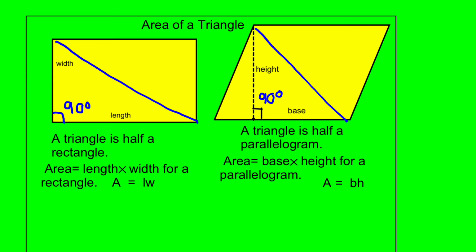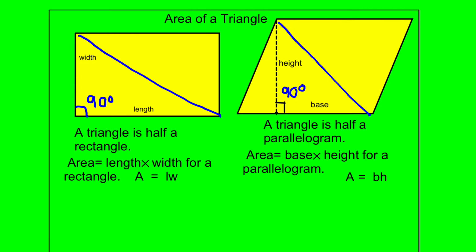So once again, we can say a triangle is half a parallelogram, and a triangle is half a rectangle. Now, when we're calculating the area of a parallelogram, area is the base times the height. It's very much like the rectangle, except we multiply the base by that straight up and down distance called the height.